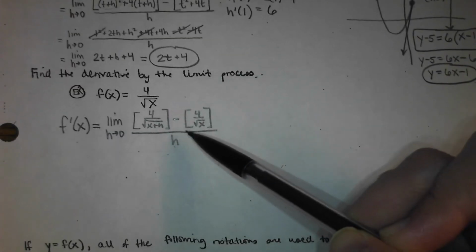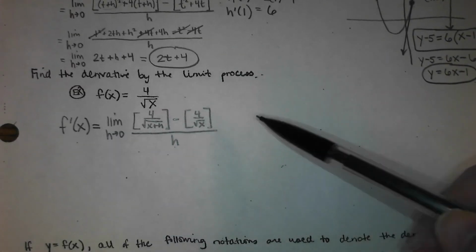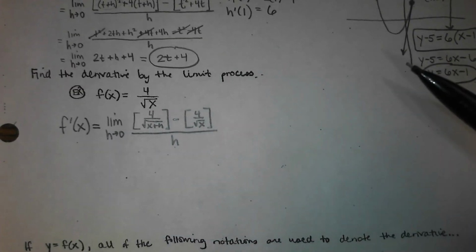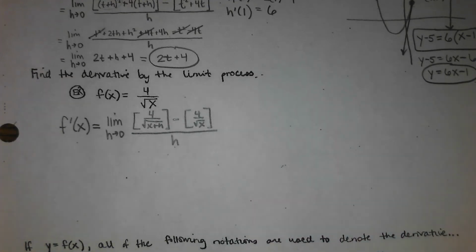We wouldn't forget to distribute a negative here because it's not a polynomial, so there is no distribution per se. Something like this is going to give us 0 over 0, but squaring things out and simplifying polynomials is not the way it's going to work because there are no polynomials, but we would get indeterminate.